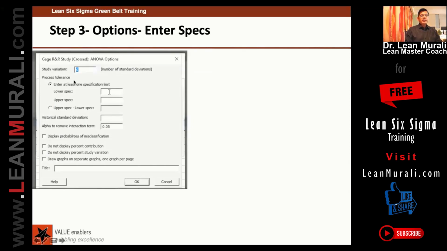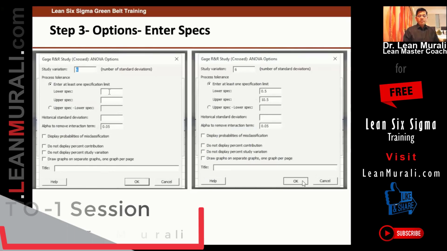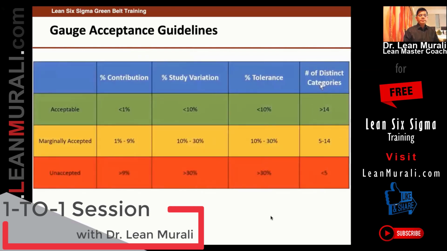And then it automatically gives a number here, which is 6 standard deviations. Then you enter the upper specification limit and lower specification limit of what you are measuring. After that, once you click OK, you'll get some readings.